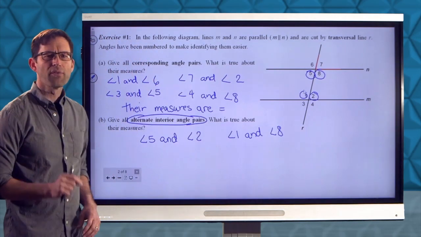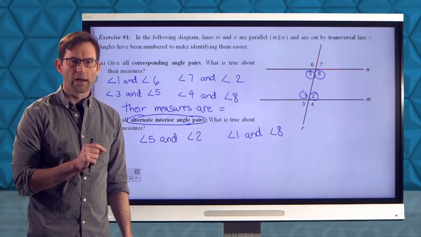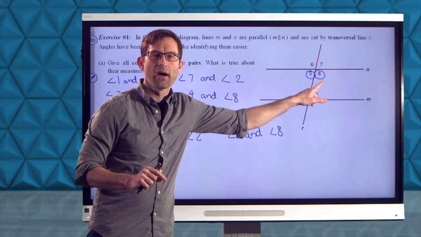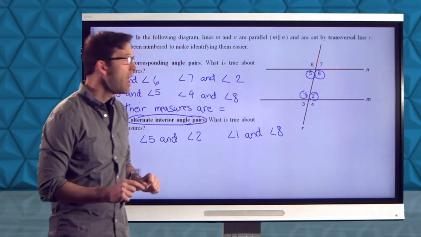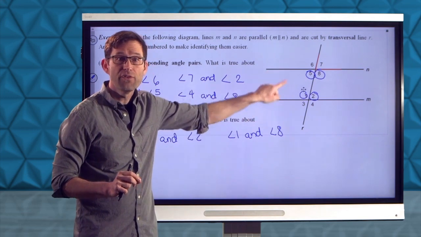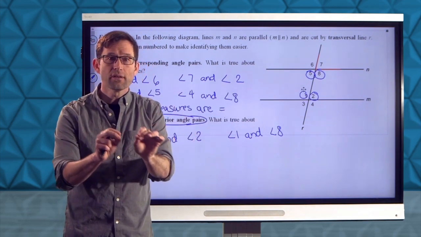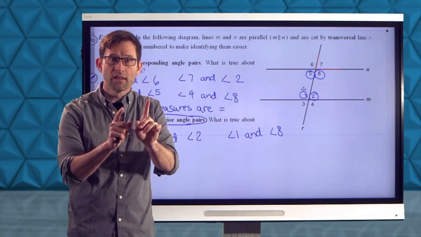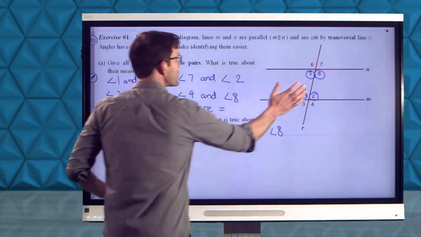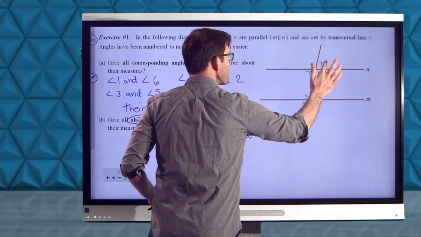And if you really think about it, the terminology is exactly correct. They're alternate because they're on alternate sides of the transversal, and they're interior because they're on the inside of the two lines. Alternate, opposite sides, interior on the inside. Now, what's true about their measures?